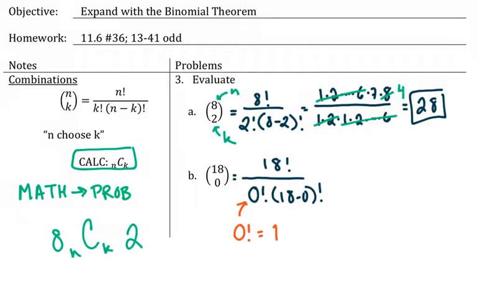So you can evaluate it and simplify it and just plug in 1. Then this is 1 times 18 factorial in the denominator, and 18 factorial in the numerator. Those cancel, and you're just left with 1.